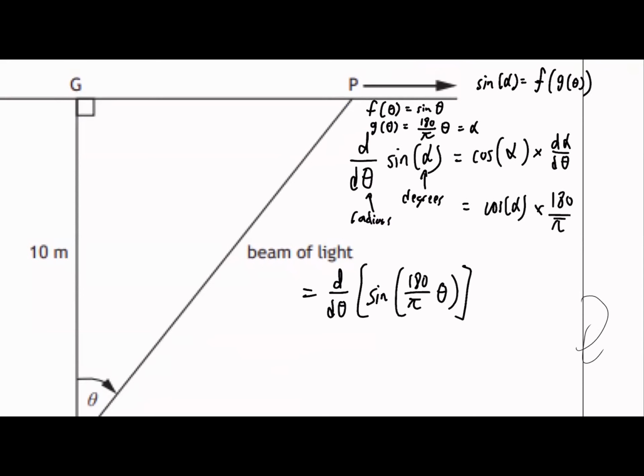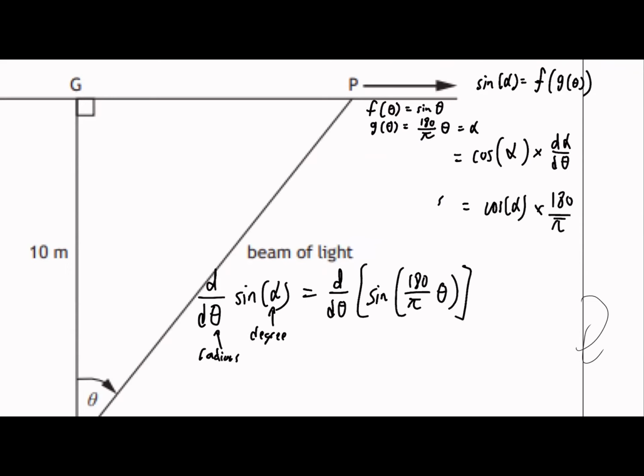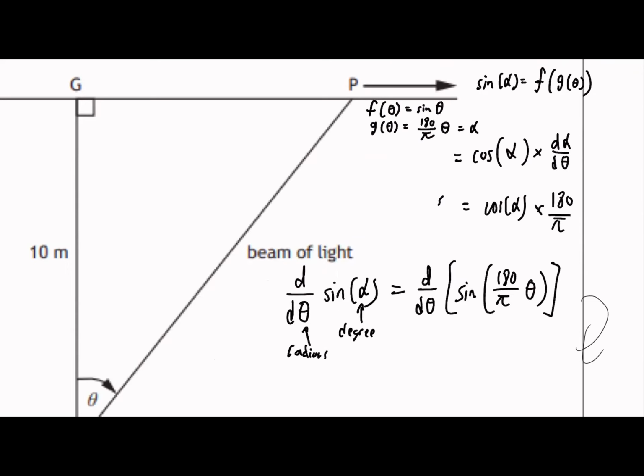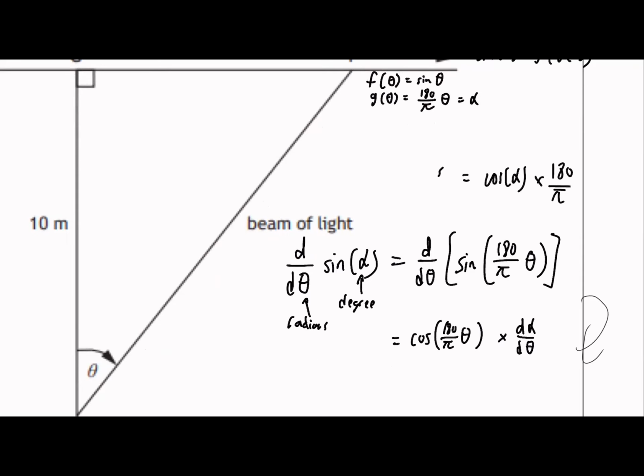Maybe it's nicer if I write down both. This guy equals to this guy. Then differentiate sine, you get cosine. The alpha is really just 180 over pi times theta. Wow, it's getting a bit confusing. I think I better keep it to alpha instead of writing 180 over pi theta.